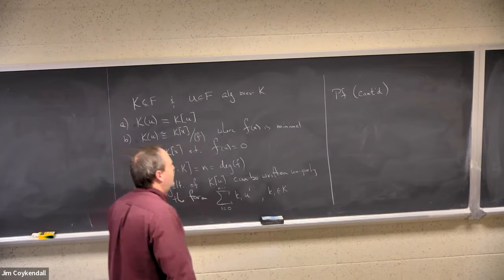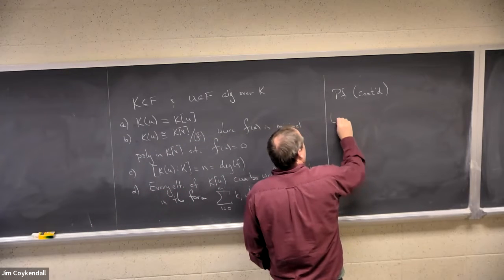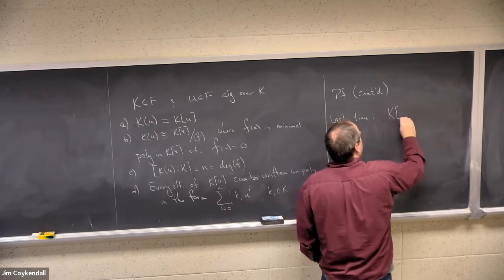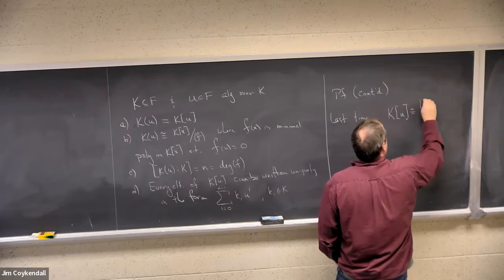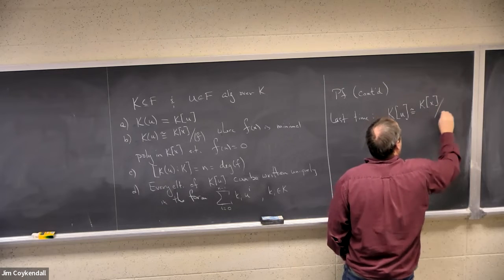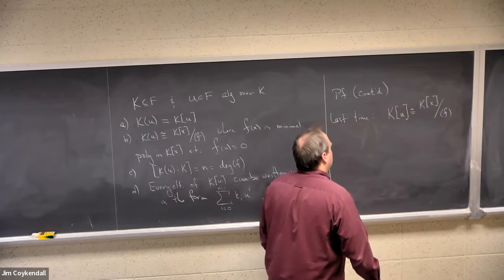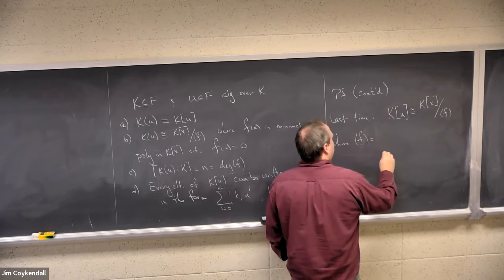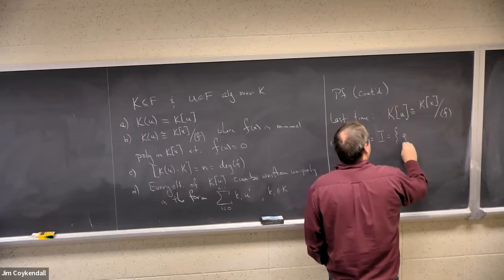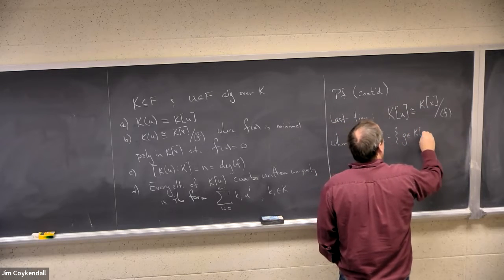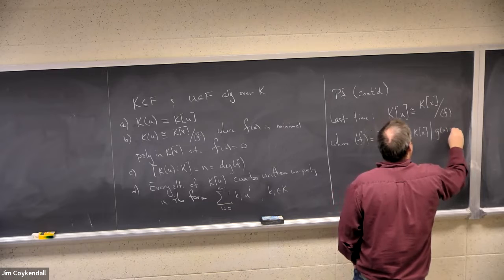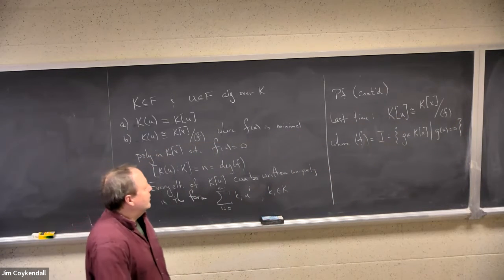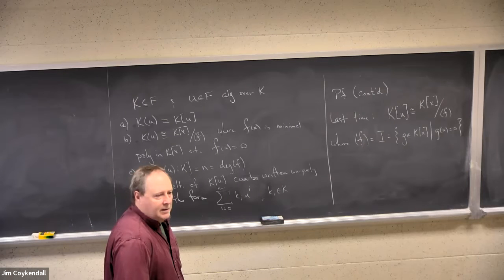Let's continue to prove. Last time we got that f generates I, which was the set of g in K[x] such that g of u equals 0. We convinced ourselves last time that this I was in fact a prime ideal.